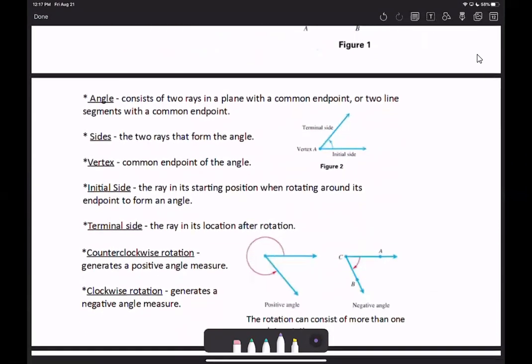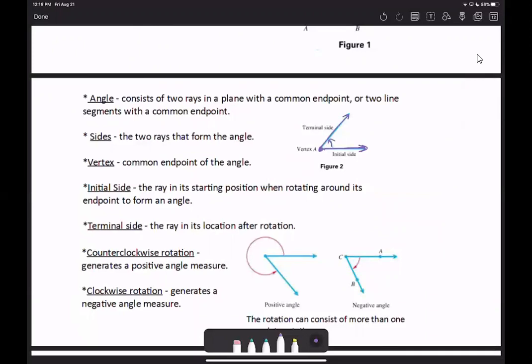An angle consists of two rays in a plane that have a common endpoint. That common endpoint is this vertex here. Here we have a ray that extends out and another ray to form this angle in between. Those rays are considered the sides of an angle, and that common endpoint is your vertex.